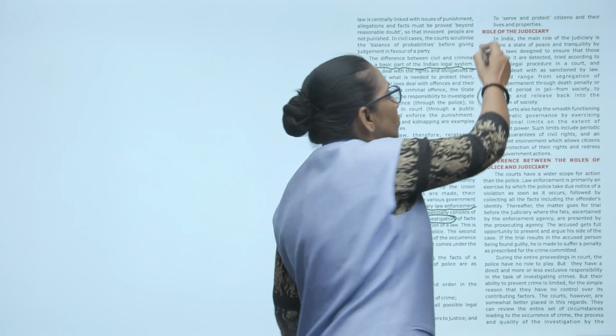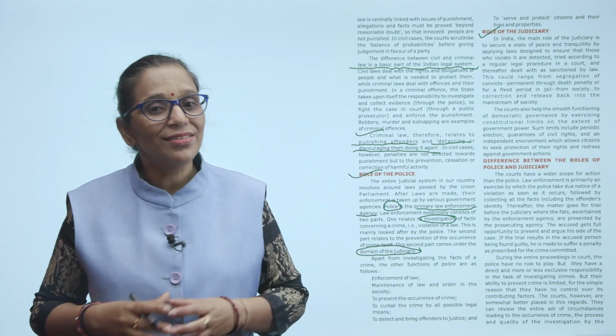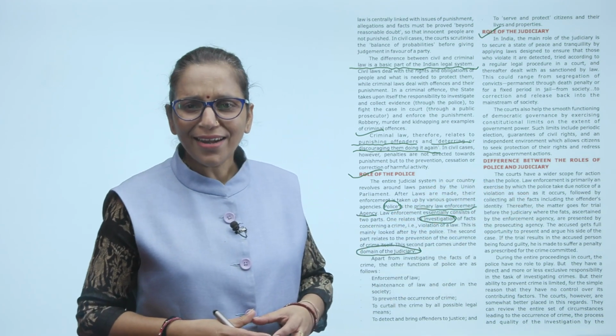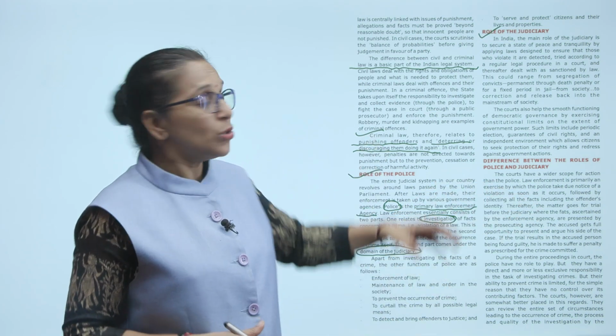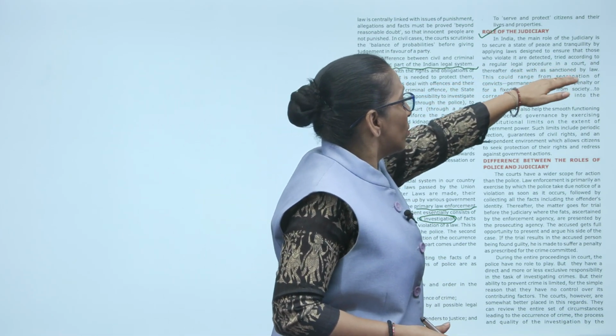Now, what is the role of the judiciary? In India, the main role of the judiciary is to secure a state of peace and tranquility by applying laws designed to ensure that those who are violating them are detected and tried according to regular legal procedure in the court.